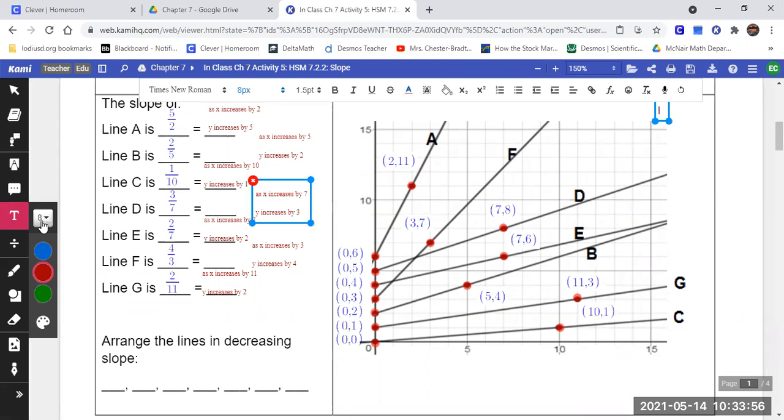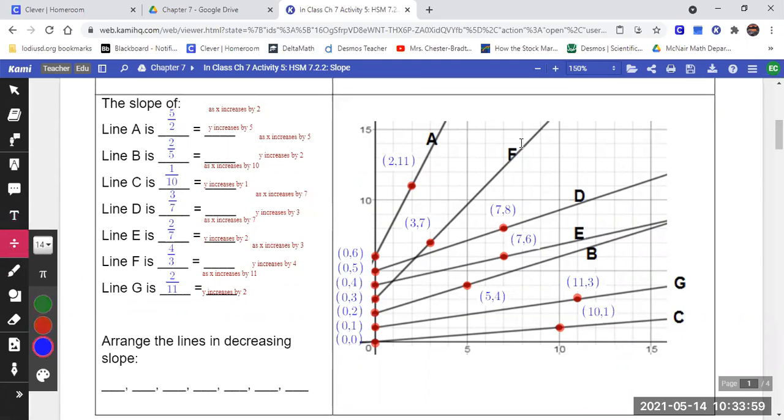We have to change 5/2 and 4/3 into the same denominator. What would be the target denominator that we would use so that we could have them both the same size pieces of cake? So if I were going to add these together, what would I do to change these?